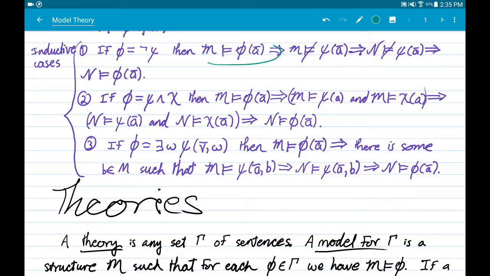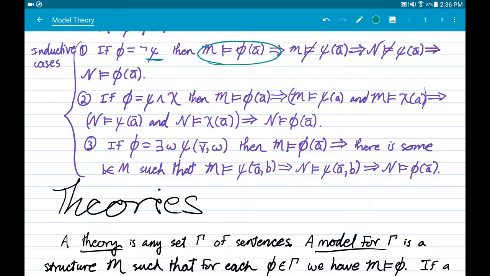in that case, the structure satisfies phi on a bar if it does not satisfy the underlying sentence on a bar, and due to the isomorphism, we have that structure N must also not satisfy, or sorry, not due to the isomorphism, due to the inductive argument, right?